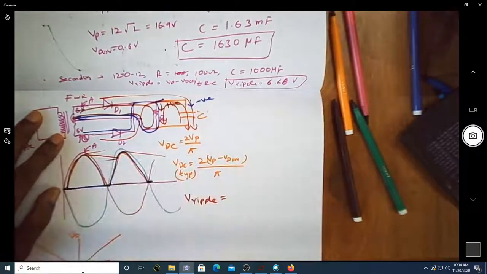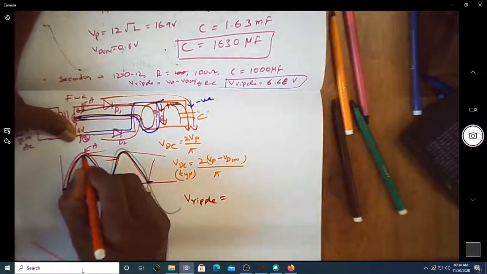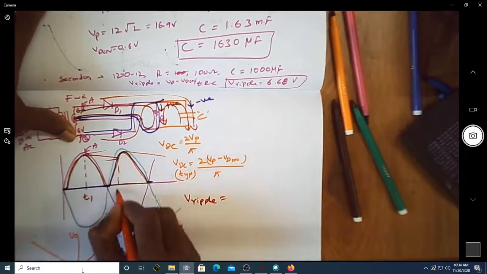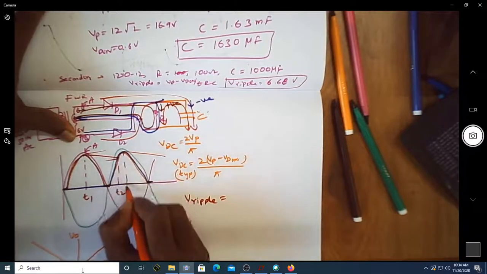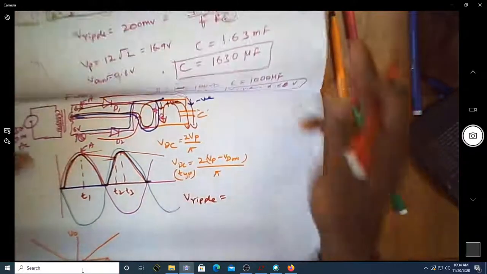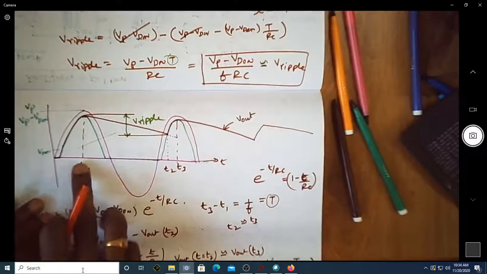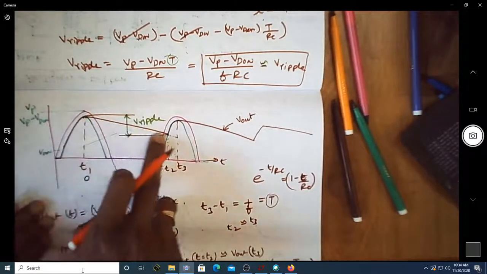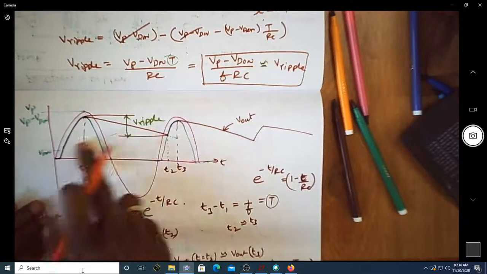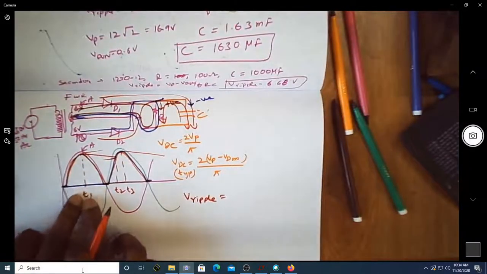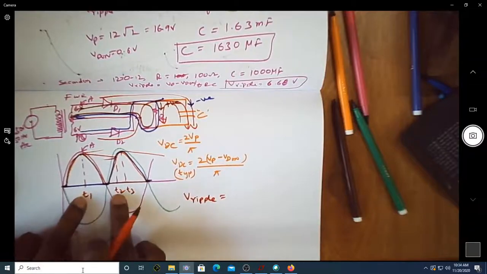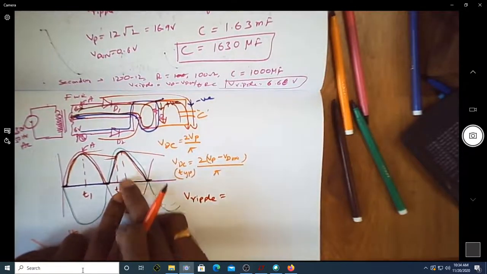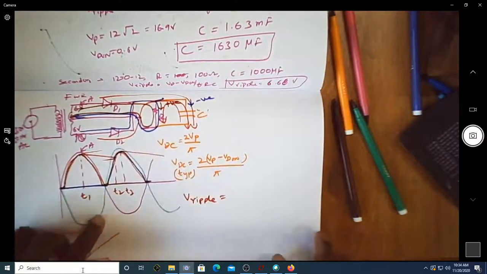As we had earlier, I write this as T1, this as T2 and this as T3. T2 is the point till which it is being discharged, where it again starts charging, and T3 is again the next peak.